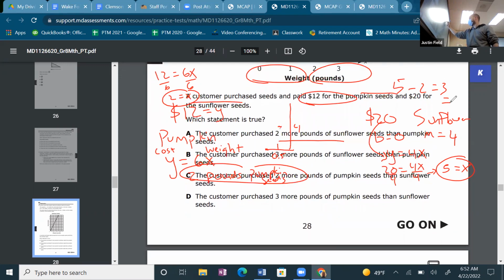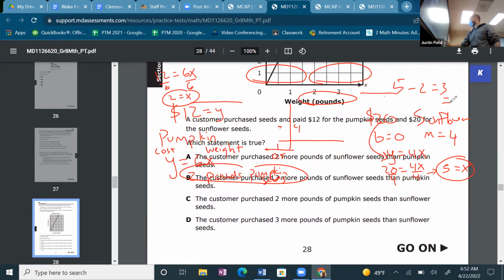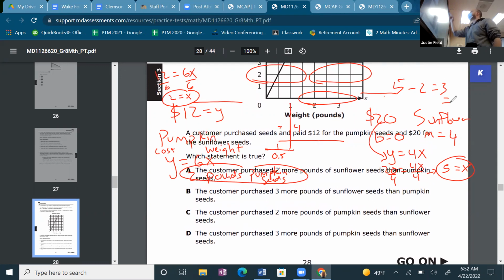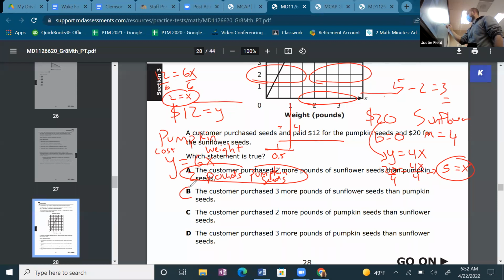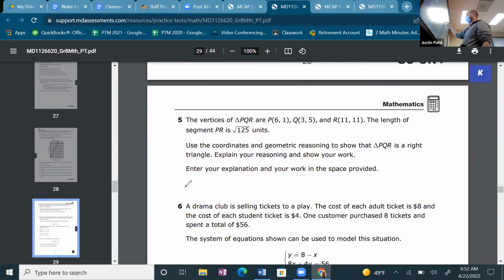It is D. No. It is B. It really tried to trick me here. Guess what? If the field doesn't go down without a fight, neither should you.